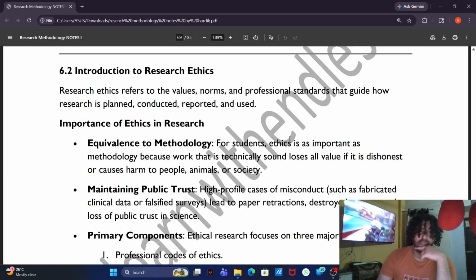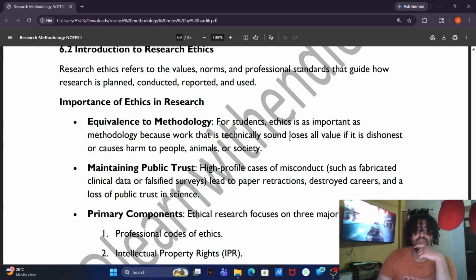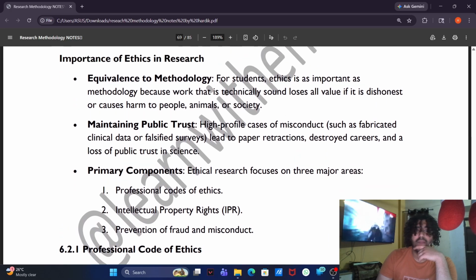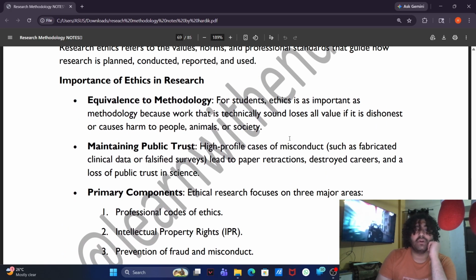Importance of ethics in research. Equivalence to methodology. For students, ethics is as important a value as methodology, because work that is technically sound loses all value if it is dishonest or causes harm to people, animals, or society.